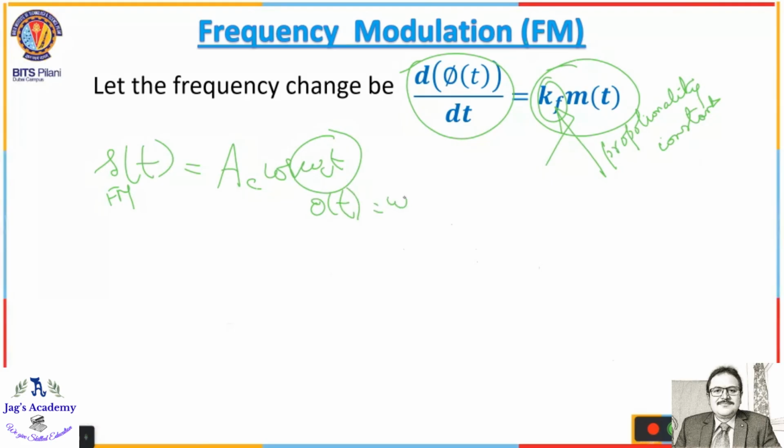This is equal to omega ct plus d phi of t by dt. Yes or no? Now, this is your instantaneous angle, right? Now, what is the equivalent frequency? Wi of t, instantaneous frequency, is equal to omega c plus d phi of t by dt.